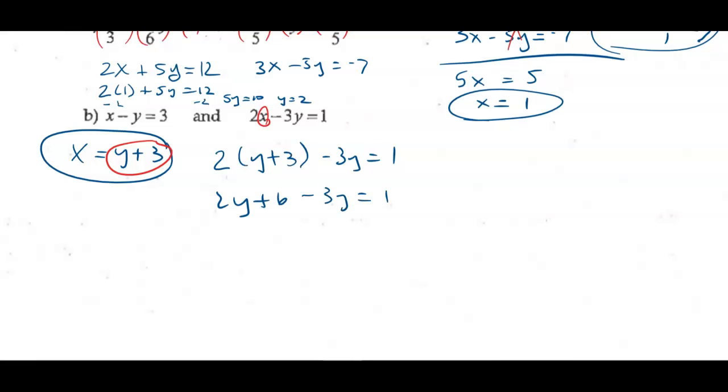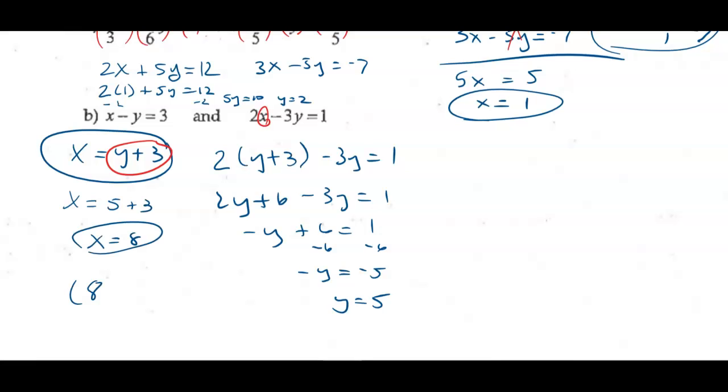Minus 3y equals 1. 2y minus 3y is negative y. Subtract 6. You get y equals 5, and then, of course, x is 5 plus 3. And you get 8, 5.